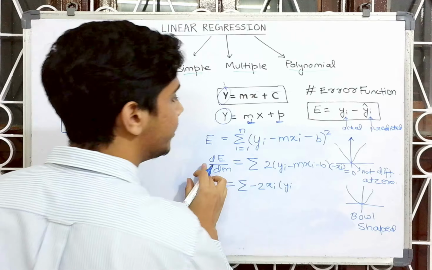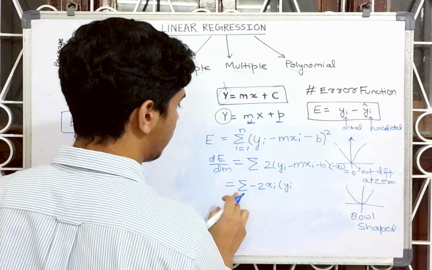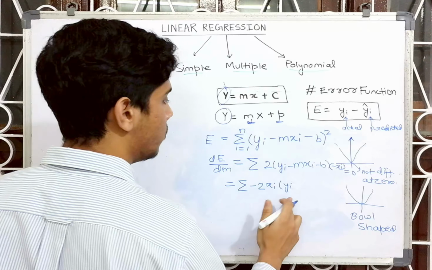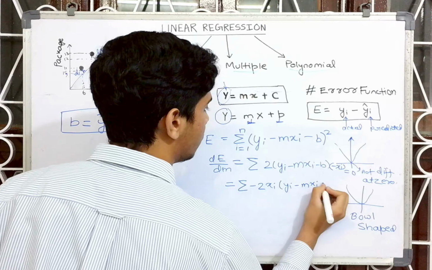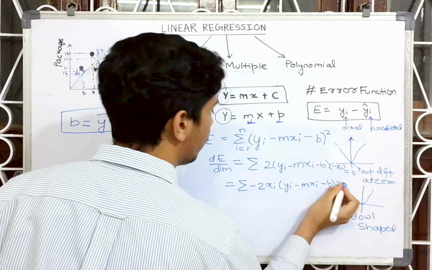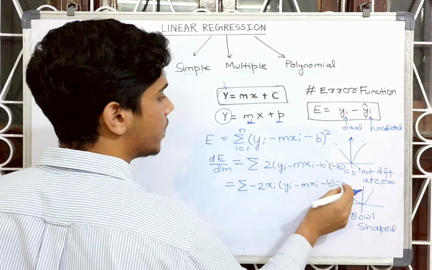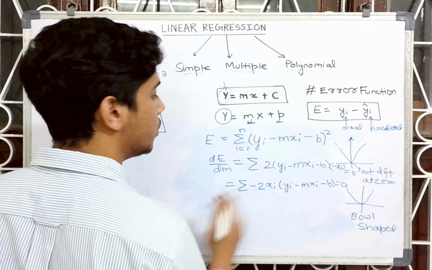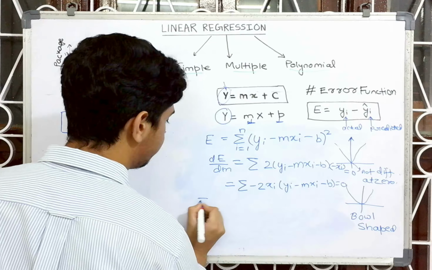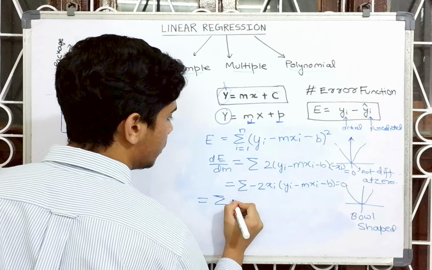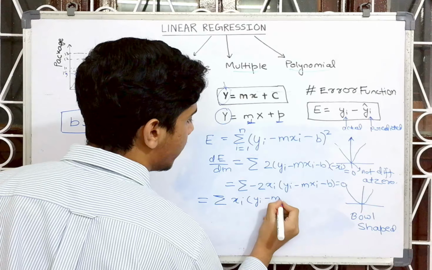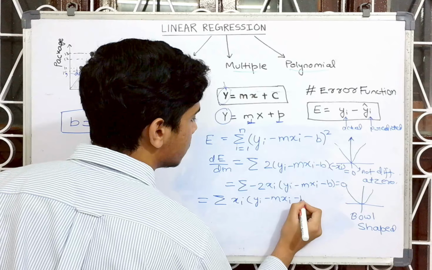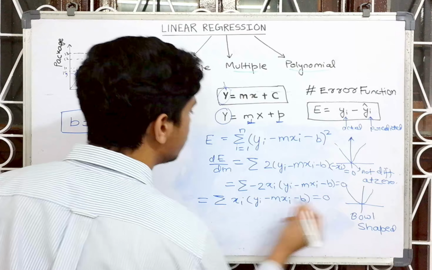We are differentiating and equating to 0. Here, minus 2 xi times (yi minus m xi minus b) equals 0. We can take this minus 2 to the other side of 0 and that will become 0. But finally, we have the summation of xi multiplied by (yi minus m xi minus b) equals 0.